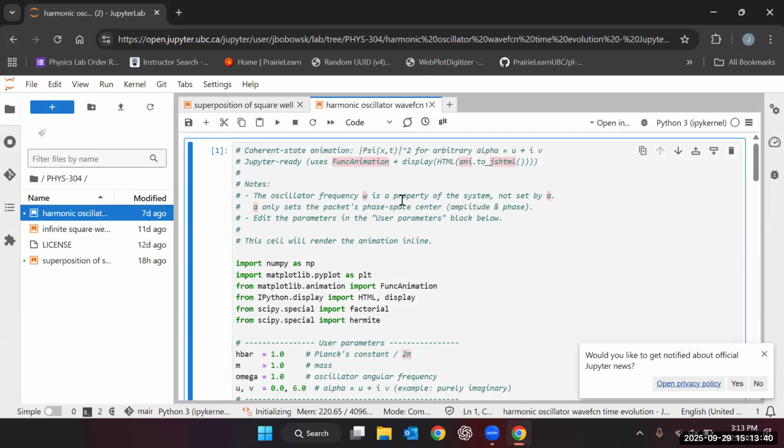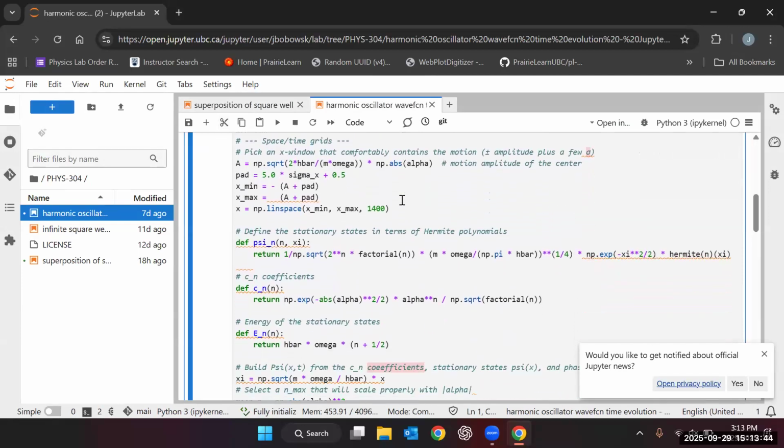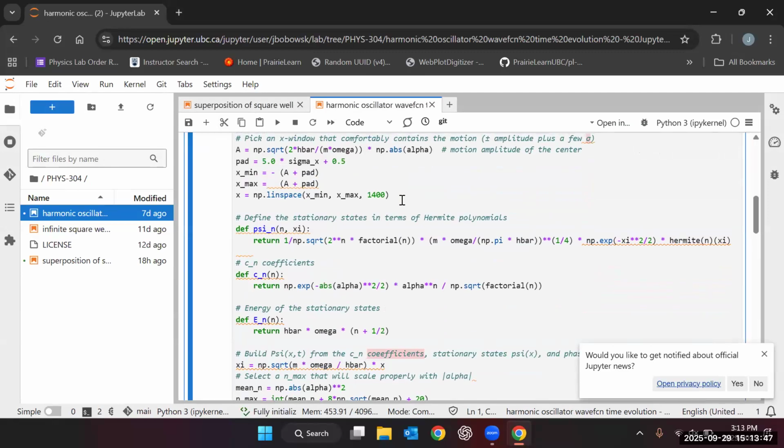So harmonic oscillator. I won't read all the code to you, but I will show you where you can find certain things. Here are the stationary states. Here's the Hermite polynomials. Here are the Cn's written in terms of that Poisson-like distribution.